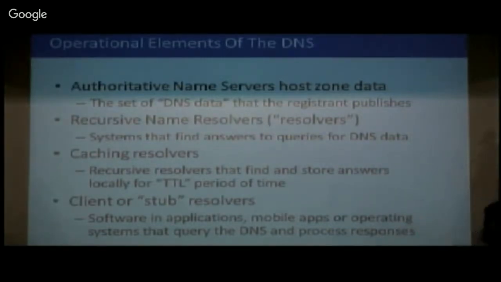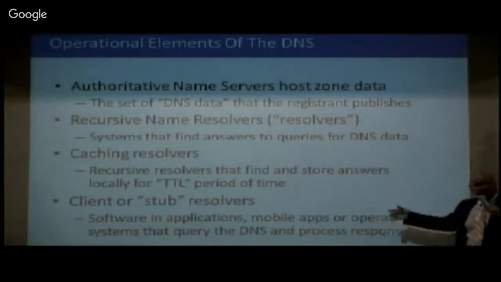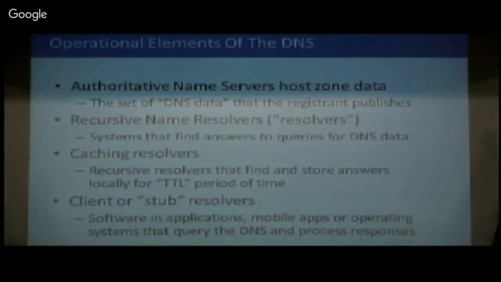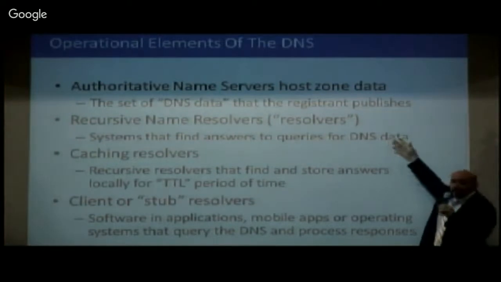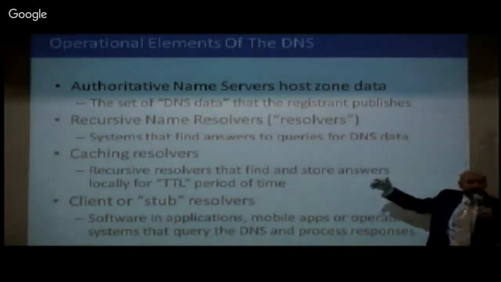But all the devices that we use, our mobile phones, our tablets, our laptops, even the servers that host Amazon.com, eBay, and the like, all have what are called stub resolvers. The stub resolvers ask the questions. So stub resolvers ask questions to recursives, recursives ask questions to authoritatives, and authoritatives give answers.